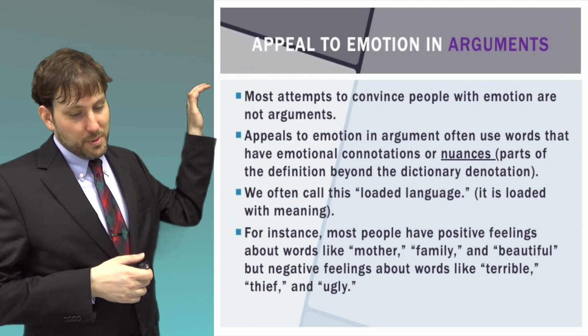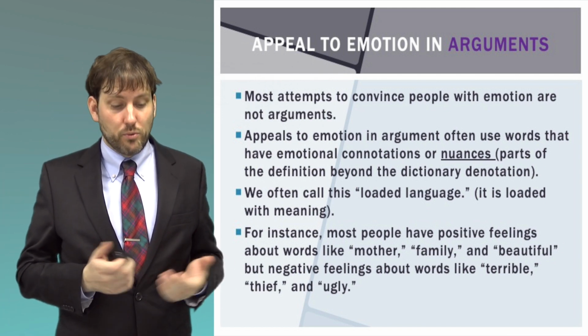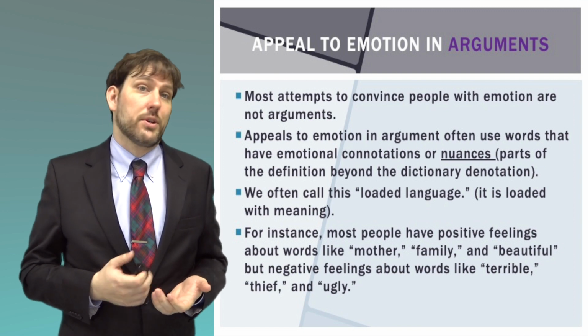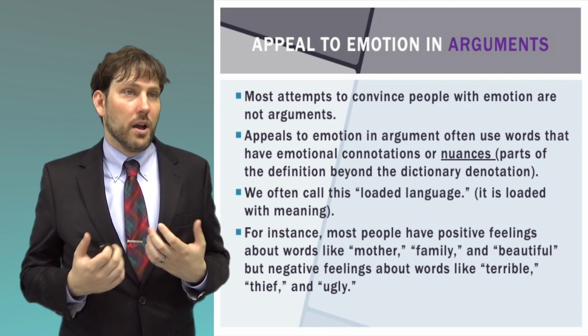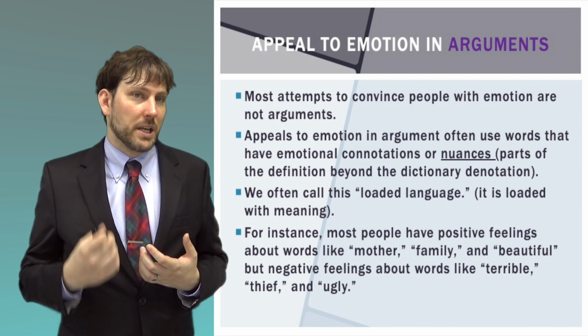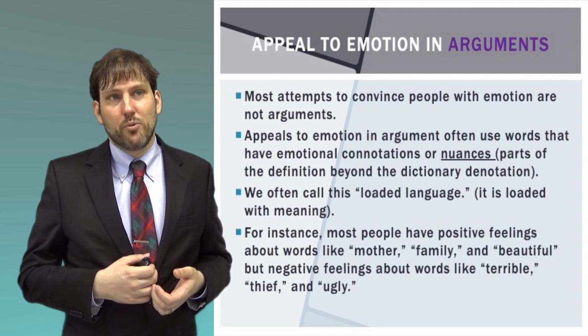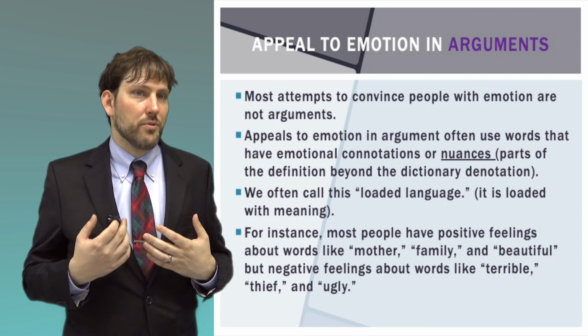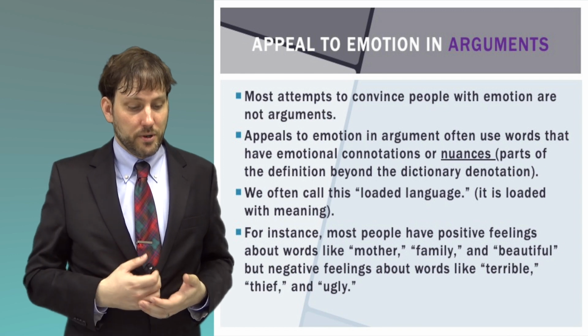Most attempts to convince people with emotion are not arguments. Appeals to emotion and argument are often words that have emotional connotations or nuances. A connotation or nuance is a part of a word's meaning that is not in the dictionary. So it's something where if you just looked up the word, you may not get the impression of how people actually use this word.